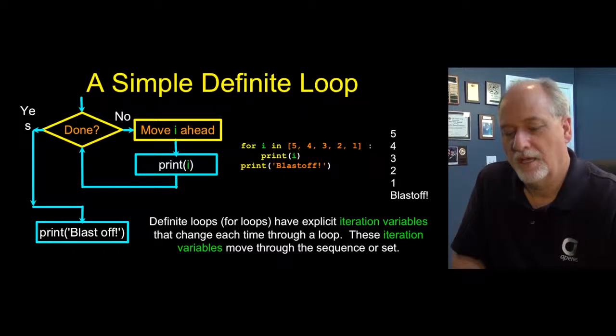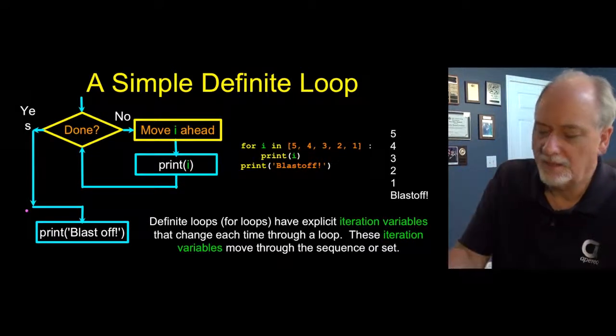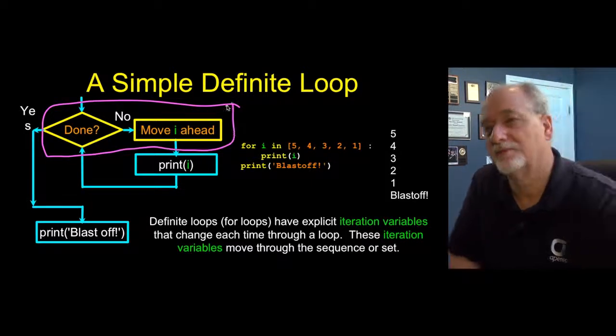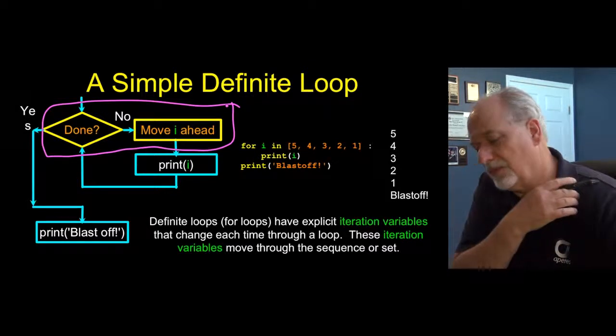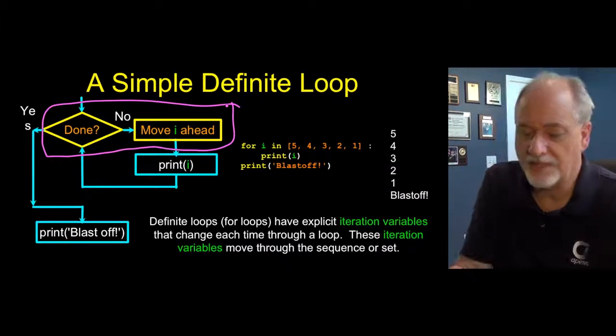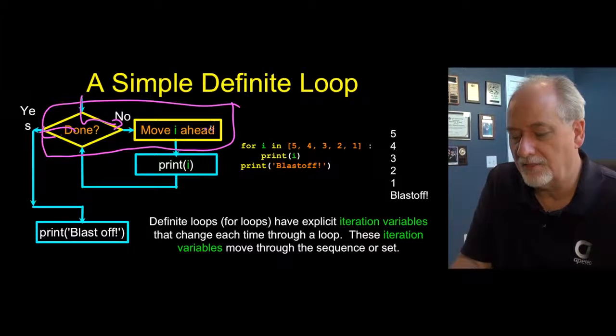If we try to draw a picture of what this is really doing, the for loop is doing a whole bunch of stuff that we would have to do with separate statements in the while loop. First, it decides how many times to run the loop, so it's answering the done question, which way do we go, and it's also moving i ahead.